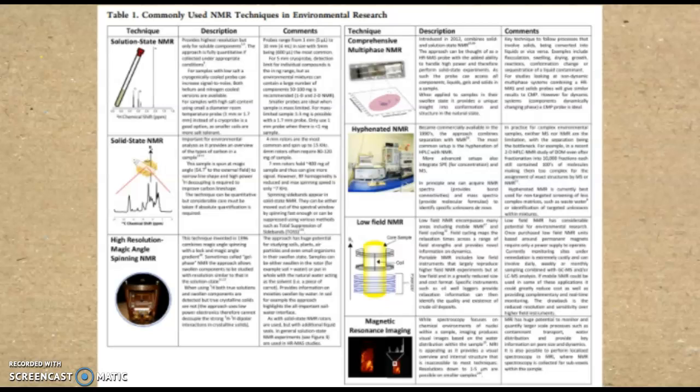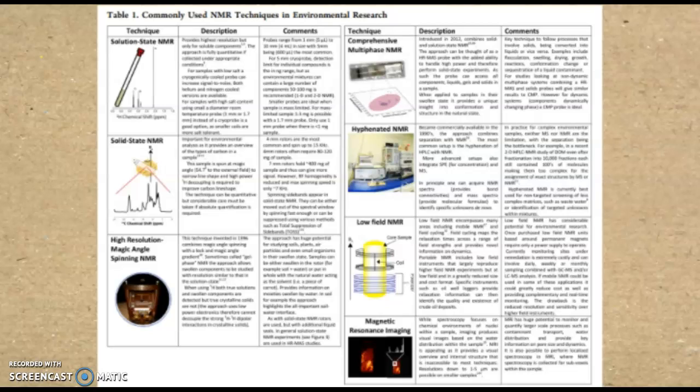Now, the journal also included a table with commonly used NMR techniques. The ones on the left are the most used in the chemistry book. So the first one is solution state NMR, which is the most common and the one that we're most familiar with. It provides the highest resolution, and it can only be used with soluble components, and the approach is also fully quantitative.